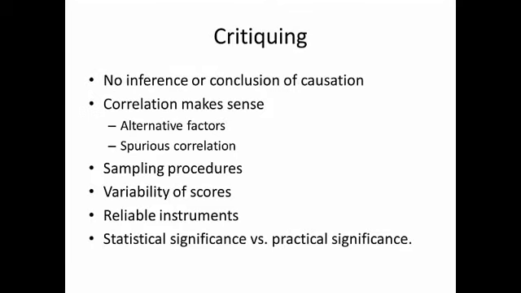Now, when you're critiquing or consuming correlation, the number one thing to stay away from is causation. You never, ever, ever with correlation say that one thing caused another. One of the common examples that's used is smoking and lung cancer. There have never been experimental studies done on smoking leading to lung cancer.